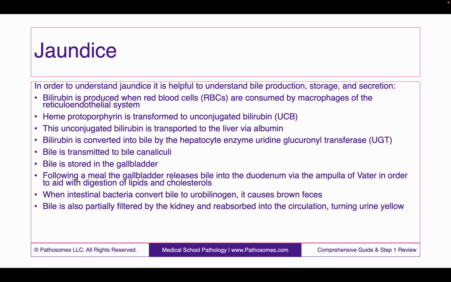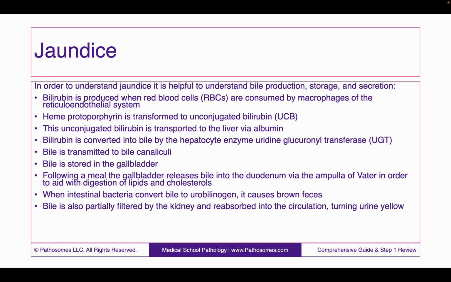Now, in order to understand jaundice, it is helpful to understand bile production, storage, and secretion, right? So let me take you back to biochem of the liver. Bilirubin is produced when the red blood cells are consumed by the macrophages of the reticuloendothelial system.